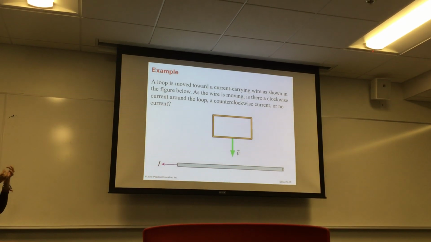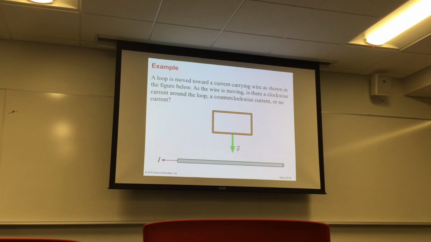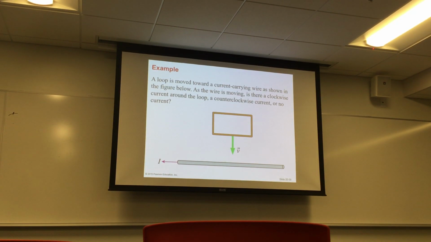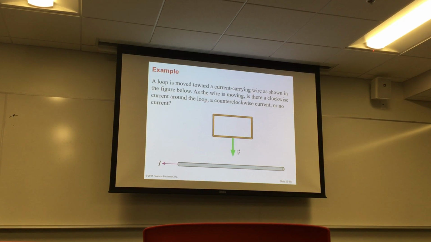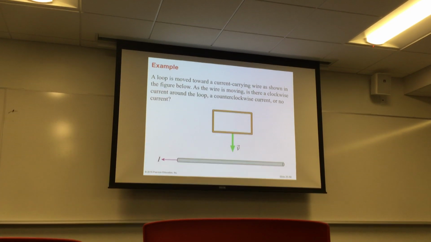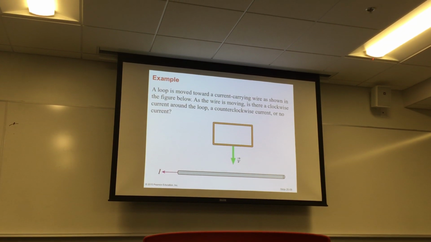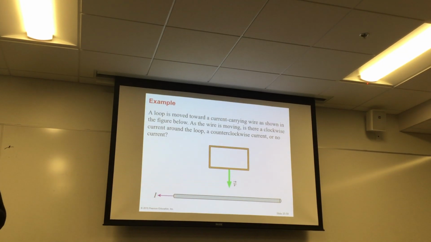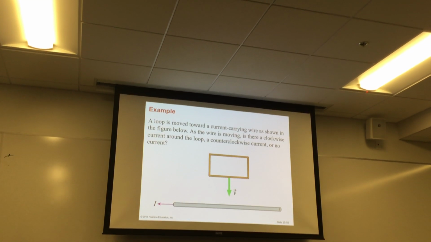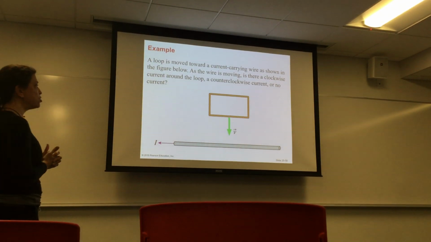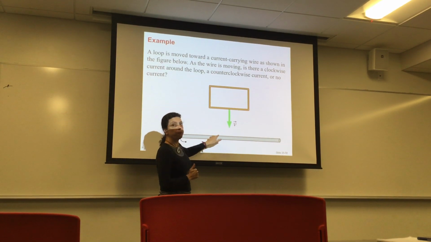So the flux is increasing or decreasing? As the loop approaches the wire, how much magnetic field is going through the loop, is it increasing or decreasing? Increasing. So the loop has to fight that increase of magnetic field. In which direction is the magnetic field due to the wire?